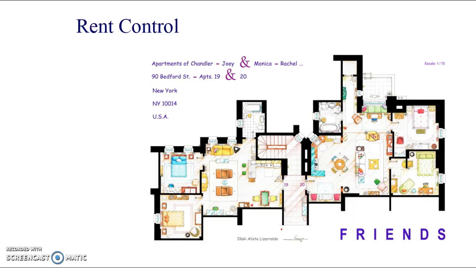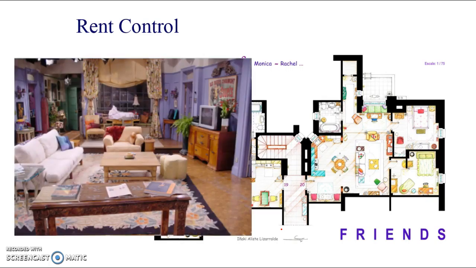Now I love this program, Friends, a 90s TV program, very funny. If you Google TV shows, you can get their floor layout, and this is the floor layout of the apartment, and one of the pictures of the girls' apartment, and it's lovely, isn't it? It's filmed in California, but it's set in Manhattan in New York, I think in the East Village.